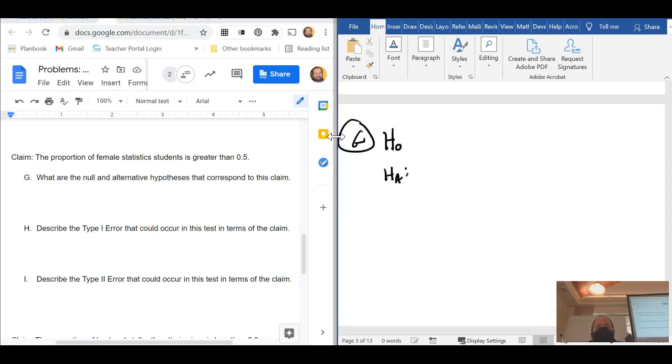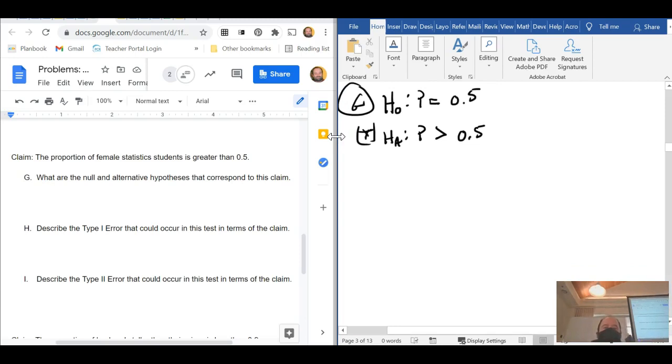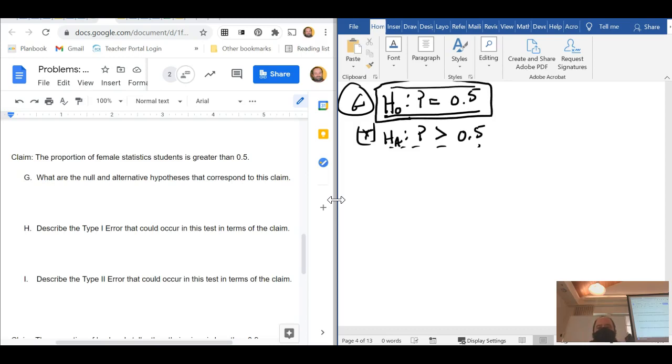The problem is that this is a greater than, so that's going to be the one down here. My claim is down here. The null hypothesis is that the proportion is half. Are you with me there? This is not so bad, though, because you ignore this. Whenever you're doing type 1 and type 2 error, all that matters is the null hypothesis.